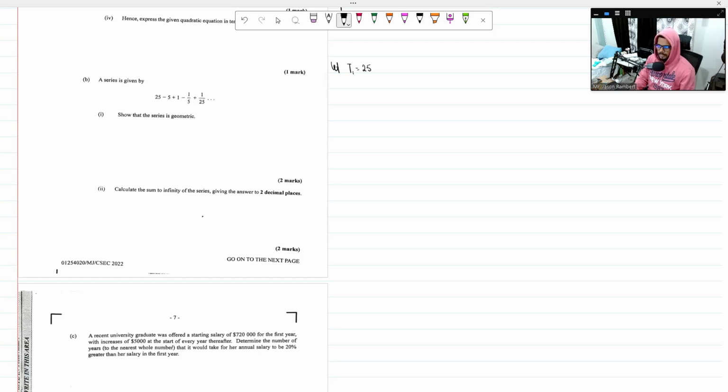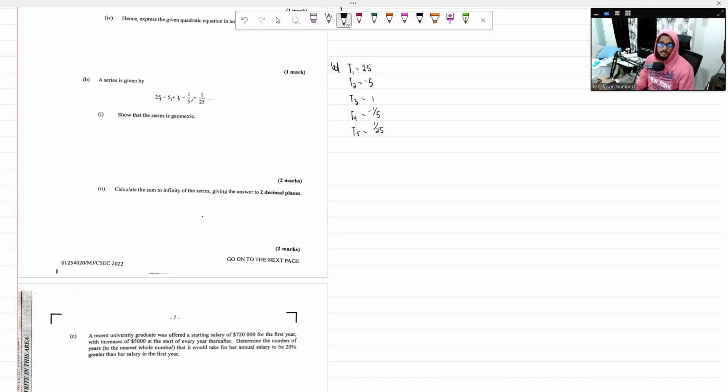A series is given by 25 minus 5 plus 1 minus 1/5 plus. So I'm just going to insert some commas here, right? Let T1 be 25. Let T2 be -5. Let T3 be 1. Let T4 be -1/5. And let T5 be 1 over 25.